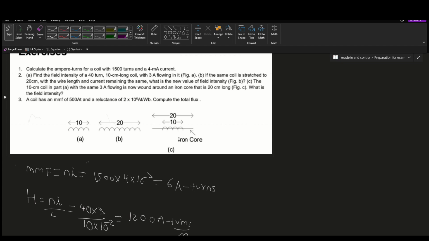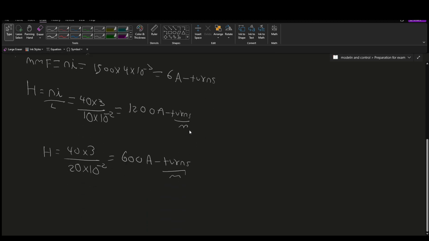So this is actually the same case that we have in B, because here the path of the flux will be the same as the iron core. All of the flux will be traveling through the core, so we have the same 20 centimeters and not the 10. So the answer will be the same as this one, 600.